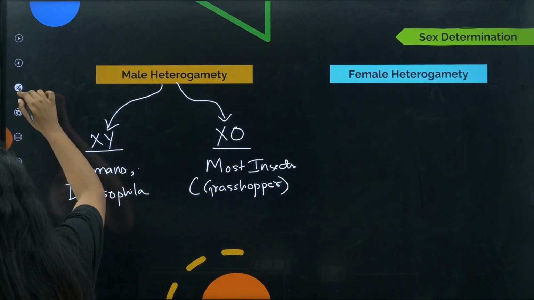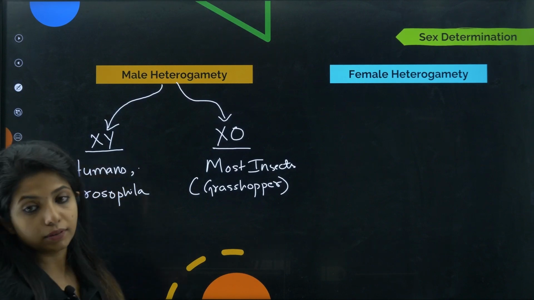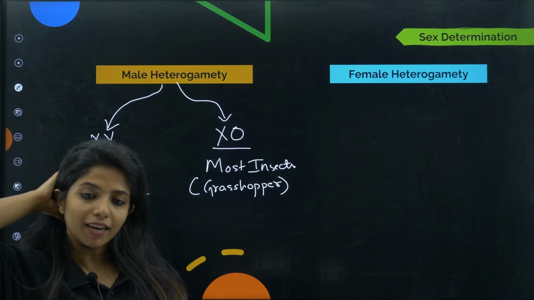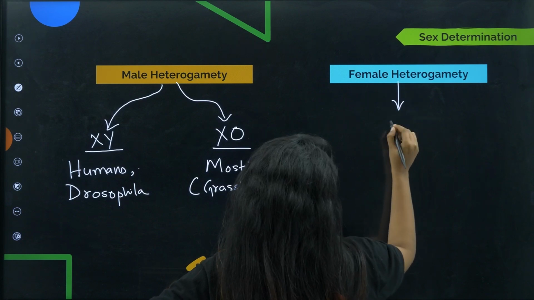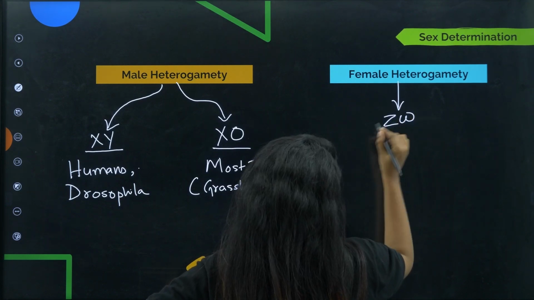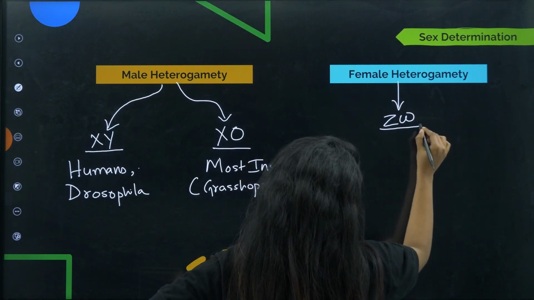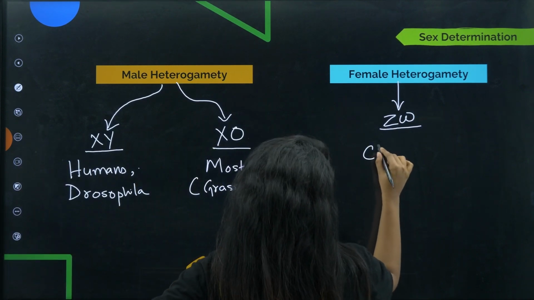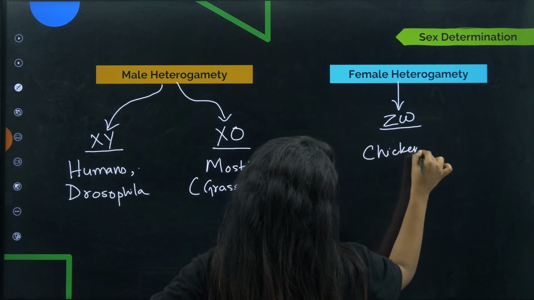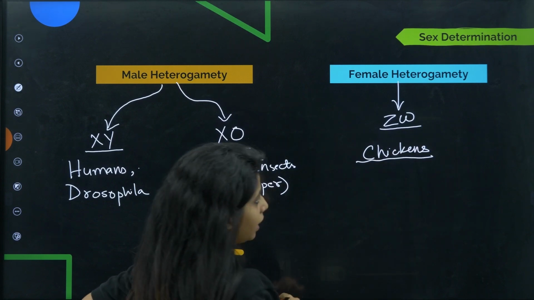Okay, fine. Now, female heterogamous. This is seen in cock, hen and things like that, where they have something like this, ZW, and this is seen in chickens. I'll explain that.